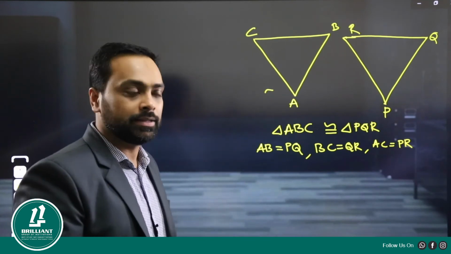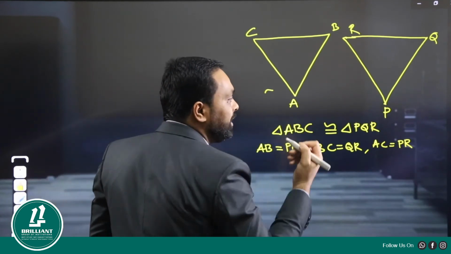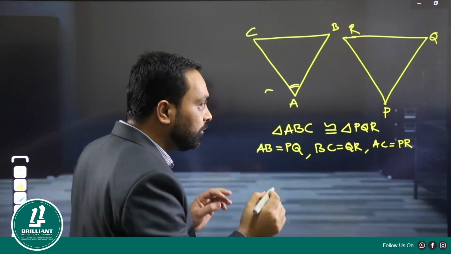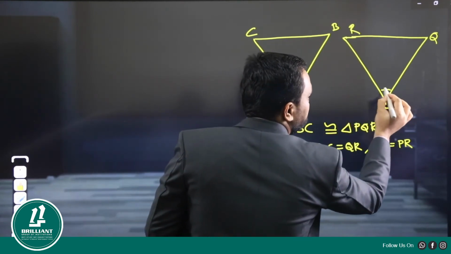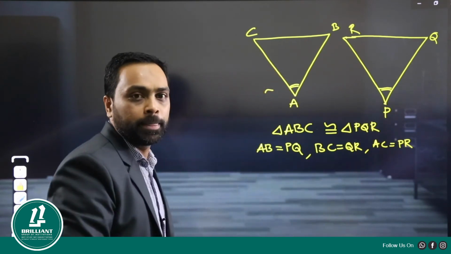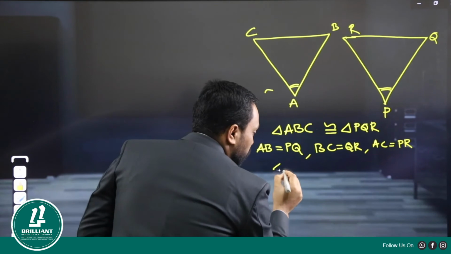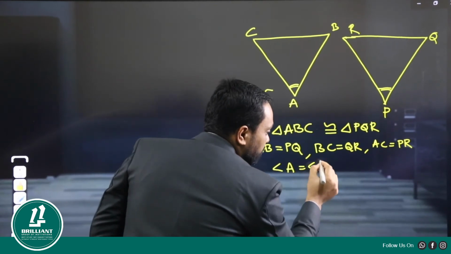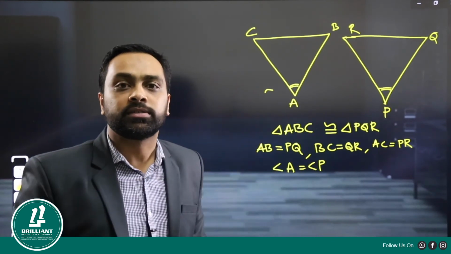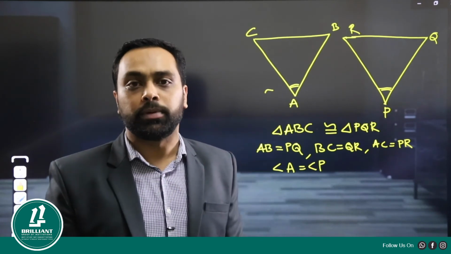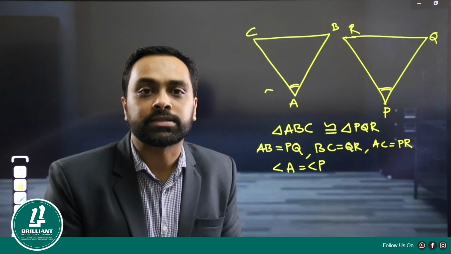Not only the sides, we can say the corresponding angles are also equal. The angle at A will be equal to the angle at P in the second triangle. We know that every triangle has 6 parts, 3 sides and 3 angles. If two triangles are congruent, all the corresponding parts are equal.